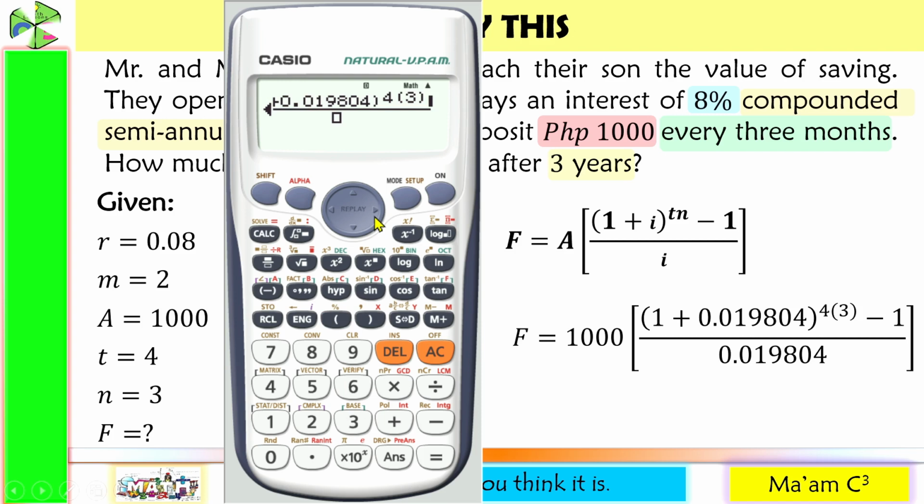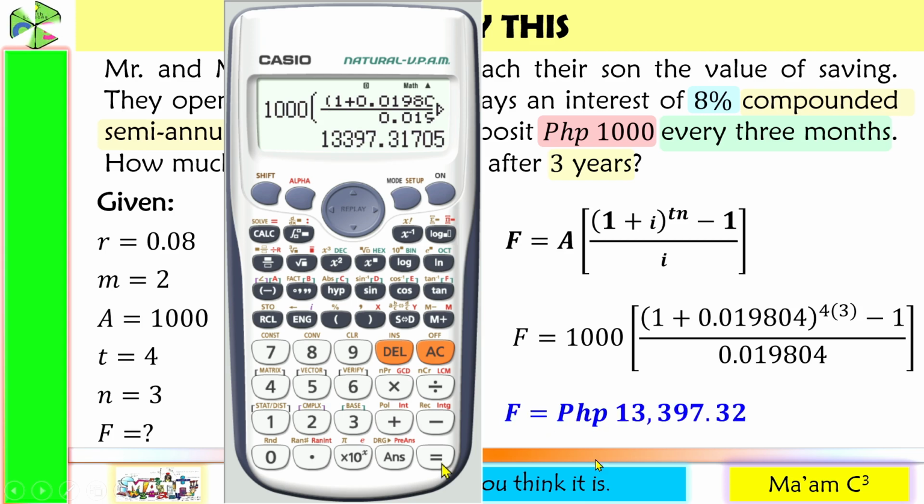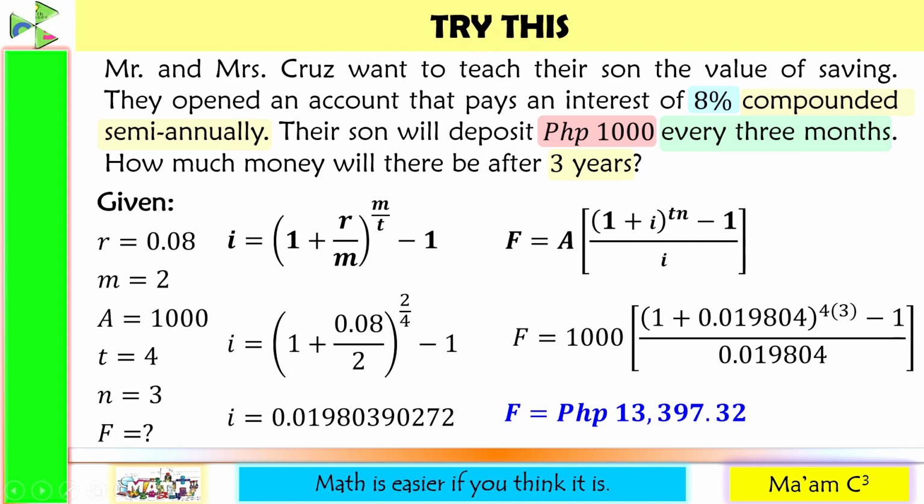Cursor to the right, minus 1. Cursor down, 0.019804. Cursor to the right, close parenthesis, equals 13,397.32. This is our future value.